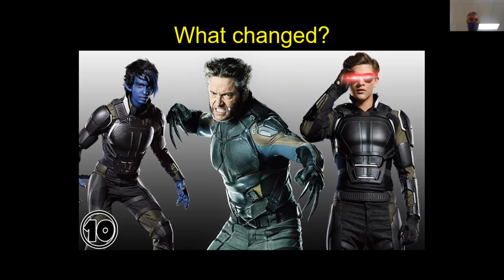So what changed with these 3 characters? Many of you guys are comic hero, Marvel, DC fans. So what changed with these 3 characters? Okay, you guys apparently do know who these people are.